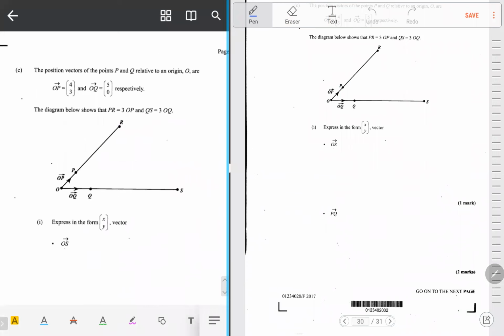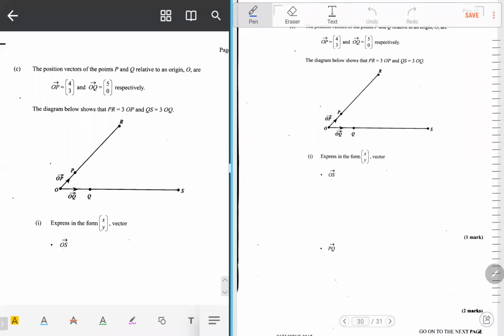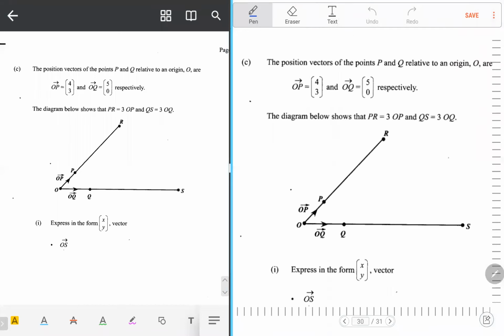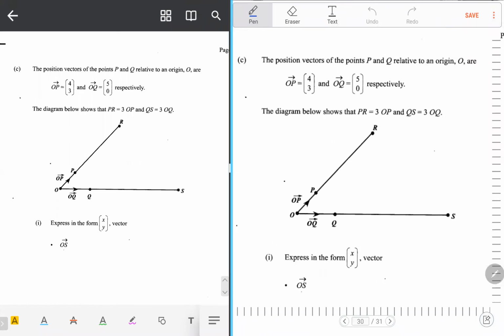All right, so this is the vectors question. It says the position vectors of points P and Q relative to an origin O: OP equals 4, 3, and OQ is 5, 0. So this is P and this is Q, and these are their position vectors.